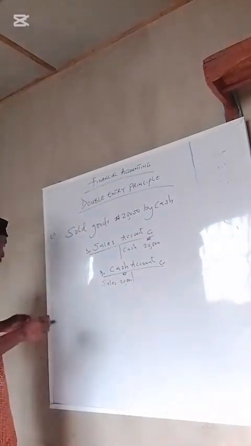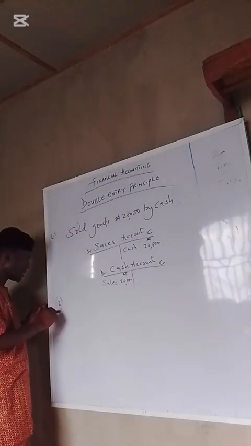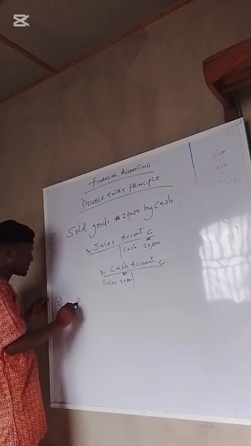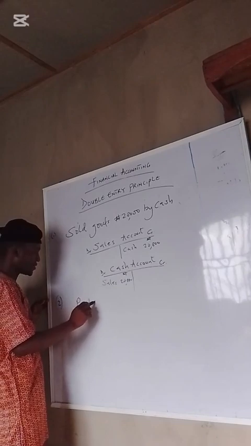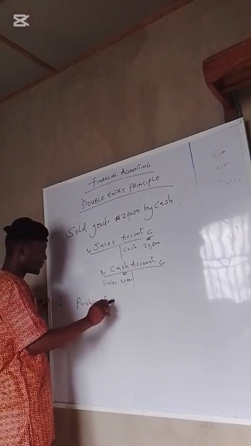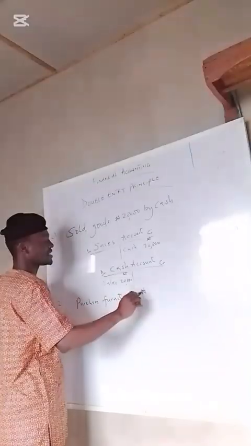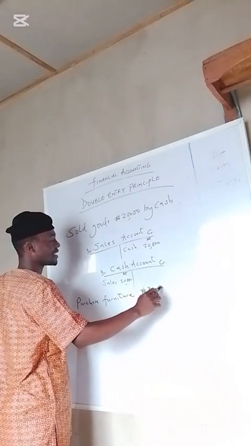Now let's look at another one. Purchase furniture, 30,000 naira cash.